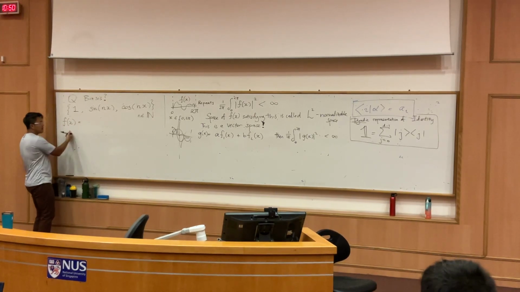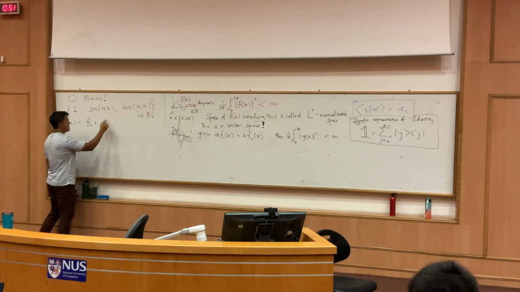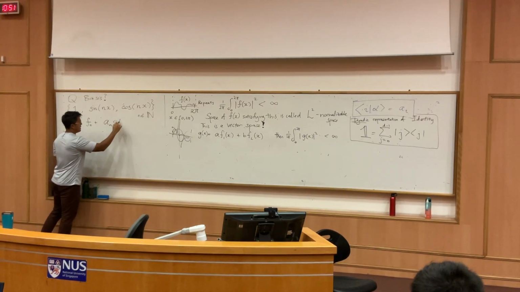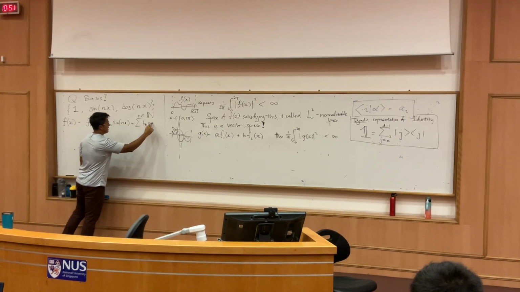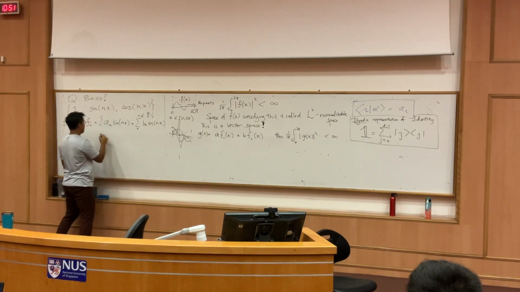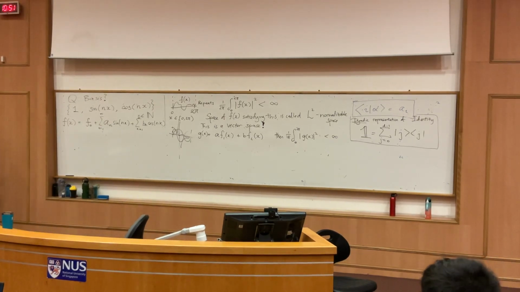Any function on this interval can be written as some constant plus the sum of some an sine of nx plus some bn cosine of nx. By the way, if you want to extract the coefficients an and bn, how do you do it? Take a bra, apply it there, right? You do whatever I taught you in the past half an hour. Take a bra, and you can extract the an's and bn's.